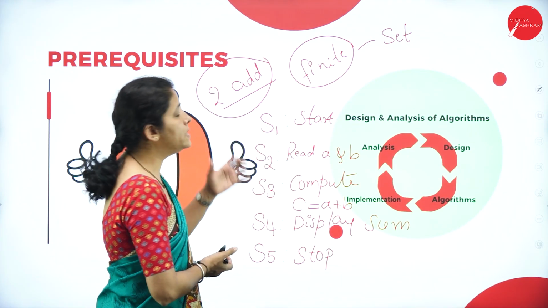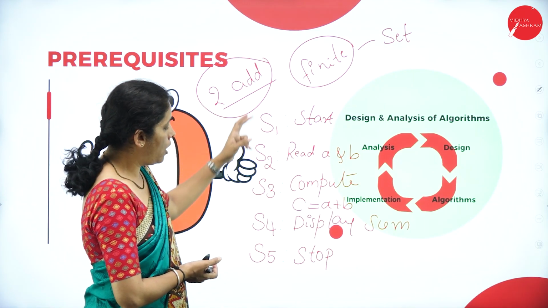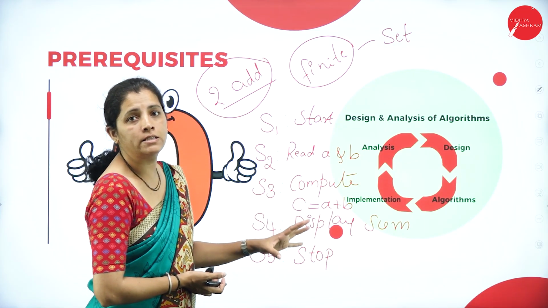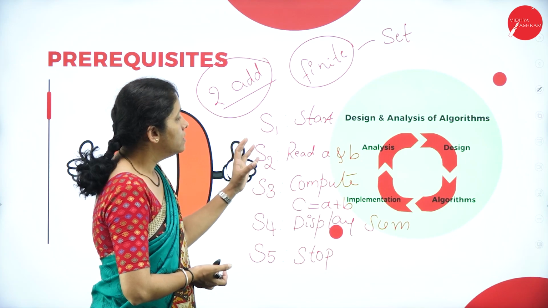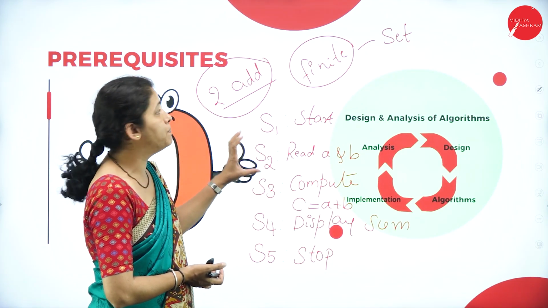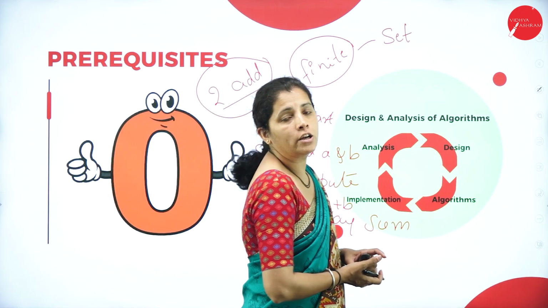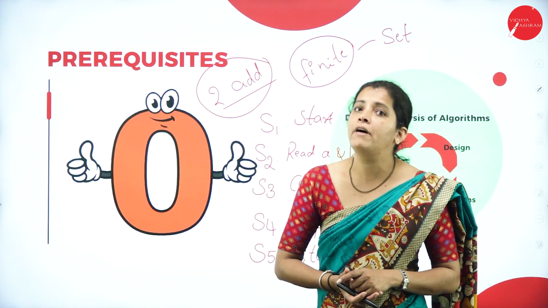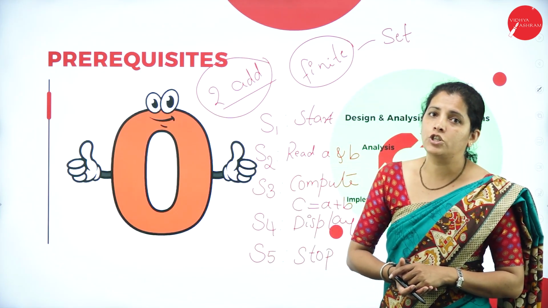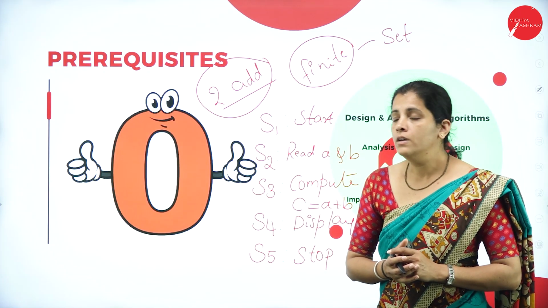My problem here is finding the sum of two numbers. How many steps did I require? Five steps. That is, I am finitely defining that I want five steps to solve this problem. So an algorithm is nothing but a finite set of instructions used to solve a particular problem.